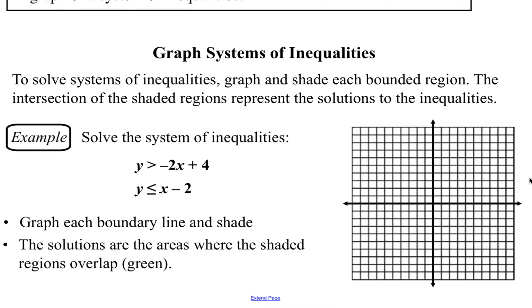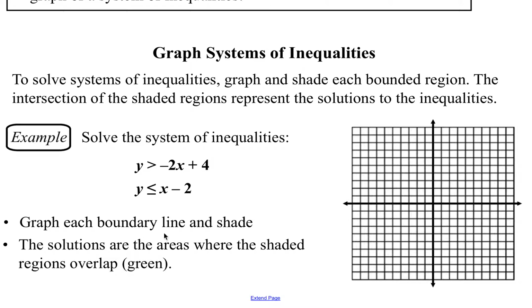So first of all, when we graph systems of inequalities, we're basically just going to be graphing the boundary lines, whether they're dotted or solid, and then shading the appropriate side of that line. And since we have two or more inequalities, the overlap or the intersection of those solutions, those shaded areas, will represent the solutions to the system of inequalities.